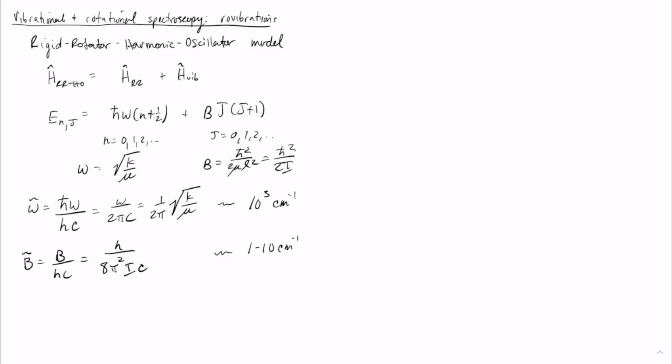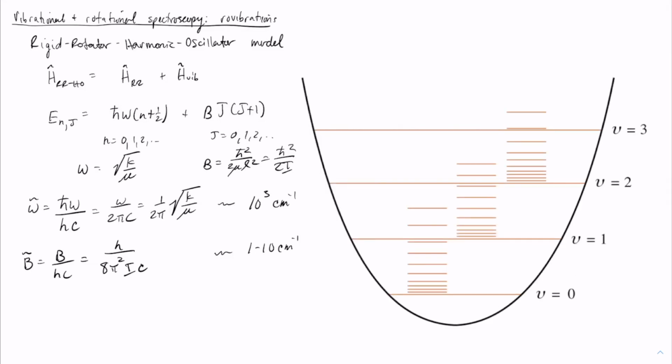And this will really impact the energy range and the fine details that we see when we look at spectra. So let's take a look at what this looks like as an energy diagram. All right, so what we have here on the right is a depiction of the harmonic oscillator potential with the different energy levels inscribed inside, starting with E of 0, E of 1, E of 2, E of 3.